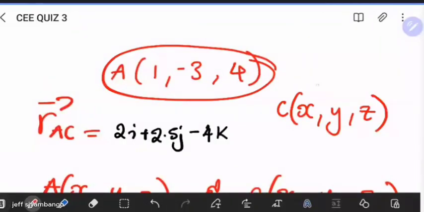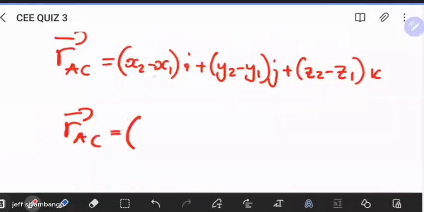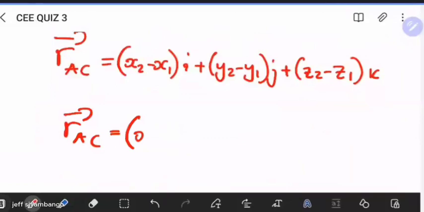But for our current case, our A is defined by this, and our C, we don't know what our C is. So our C will take x, y, z. Again, we're still moving from A to C. The final is at C, the initial is at A, meaning our RAC can be found by final at C, that is x, minus initial at A, we have 1 there.